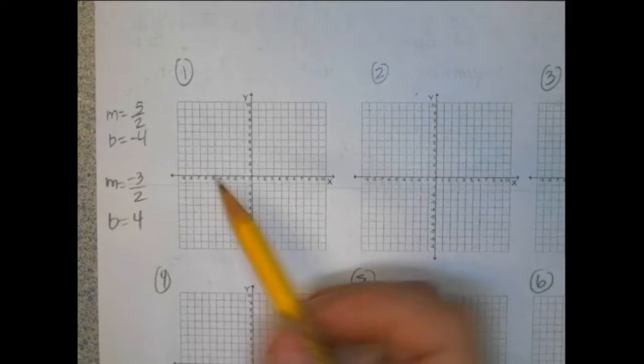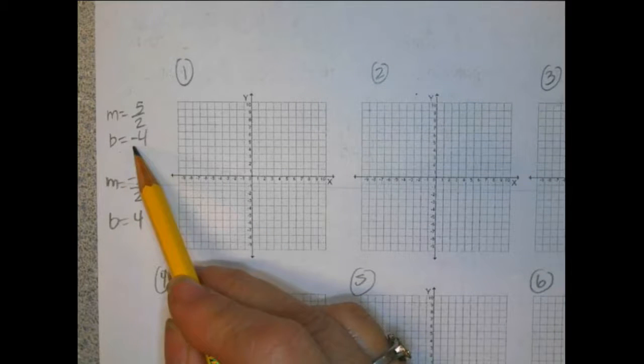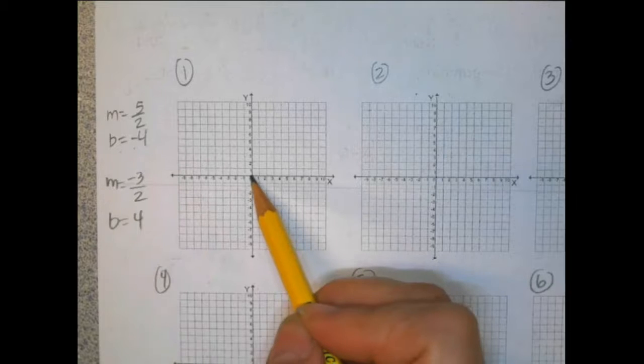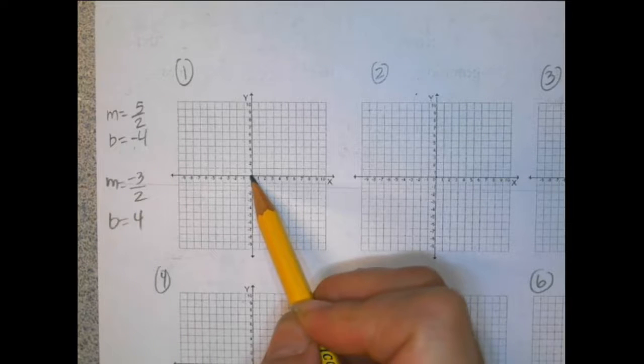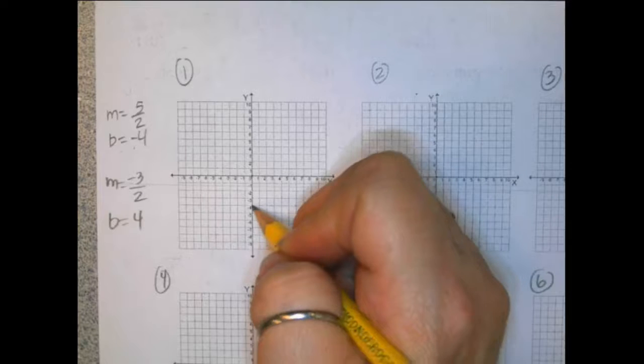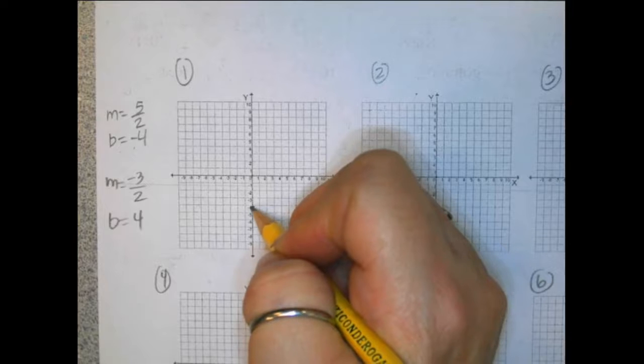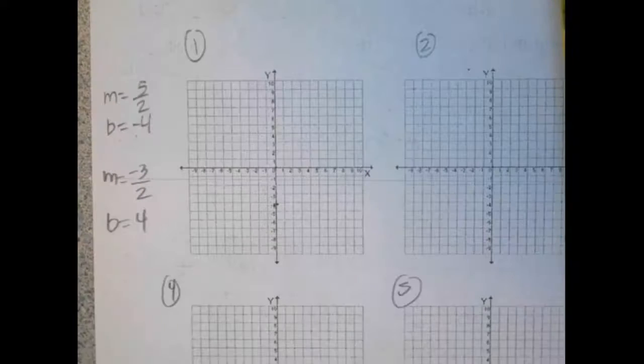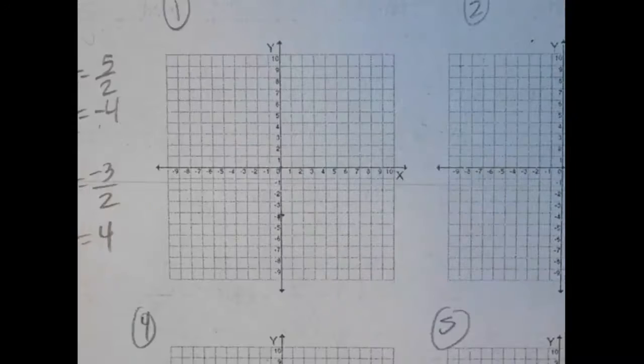Okay? So for my first one, what is my starting point going to be? -4. So from 0, on my y-axis, I'm going to find -4, and I'm going to put a point there. Let's see if I can make it bigger.